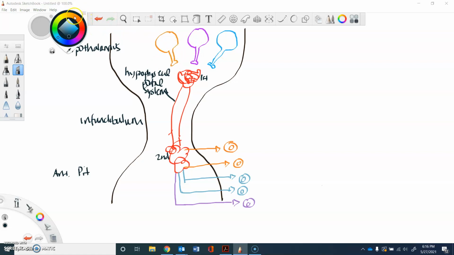So the first one is one we saw with the posterior pituitary. So this orange one here is the paraventricular nucleus.